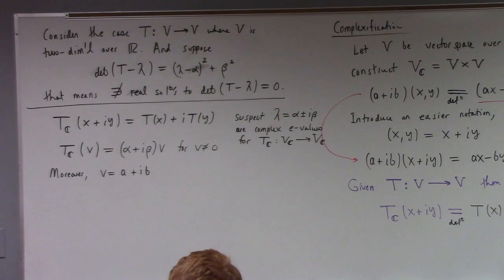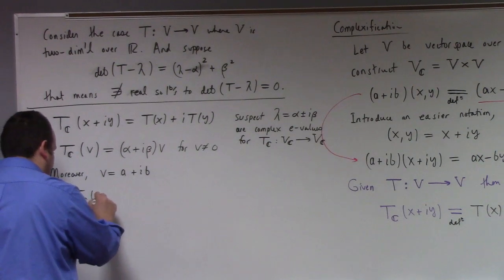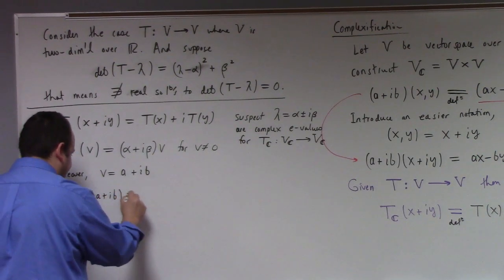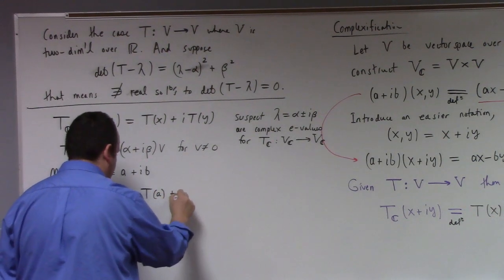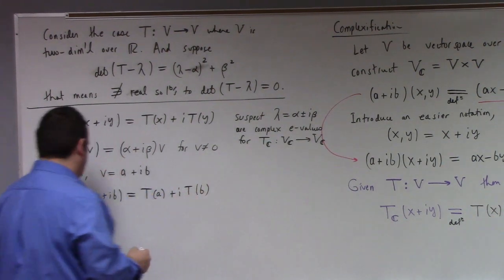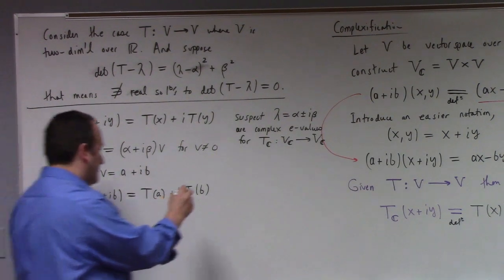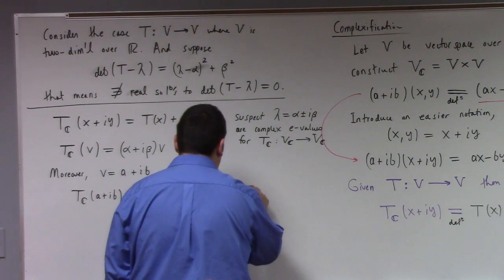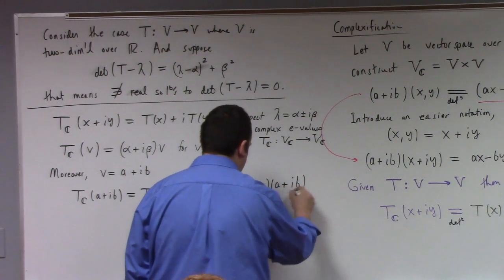That's my typical notation here. What is T sub c on a plus ib equal to? By definition, T of a plus i times T of b, where T is the underlying transformation we're complexifying. That would be equal to alpha plus i beta times a plus ib.